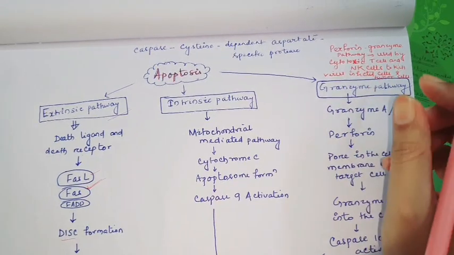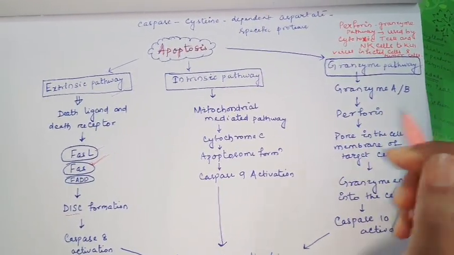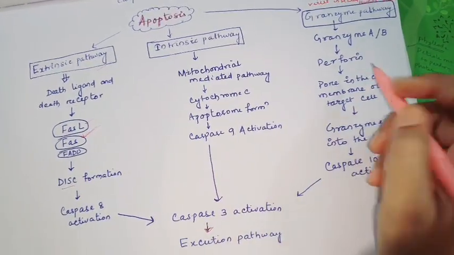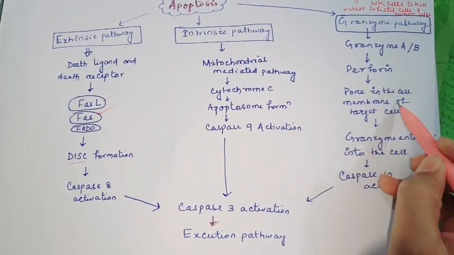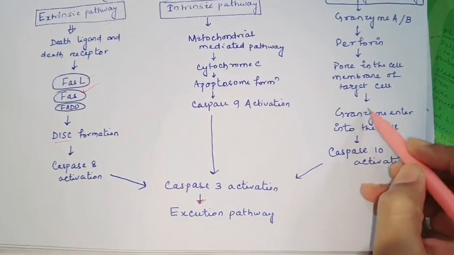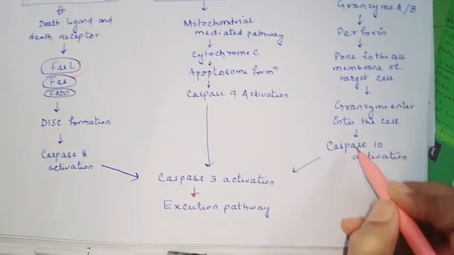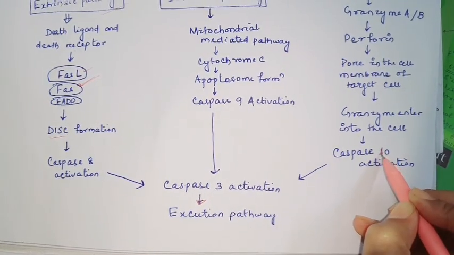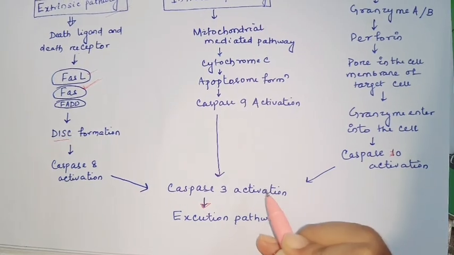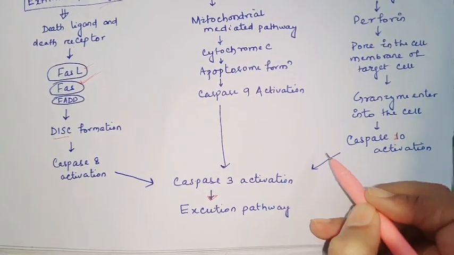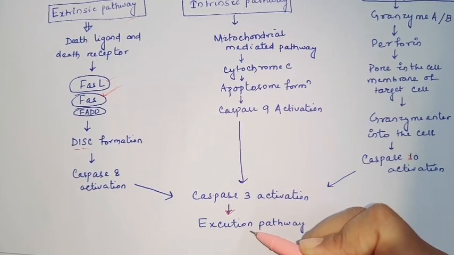These cells secrete some substance, perforin, to create pores in the target cell, and through this pore granzyme A or B, mainly granzyme B, enters inside the cell. Okay, then after entering, the granzyme activates caspase 10, and in turn caspase 10 activates caspase 3. Then caspase 3 leads to the death of the cell.